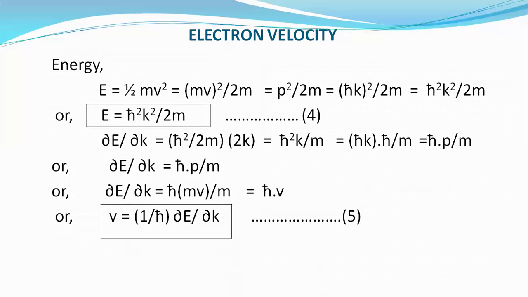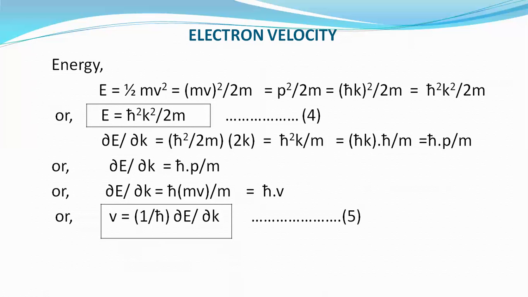Now electron energy is equal to half mv square. I can rewrite this equation by multiplying numerator and denominator by m. So it is m square v square, that is mv whole square, upon 2m.